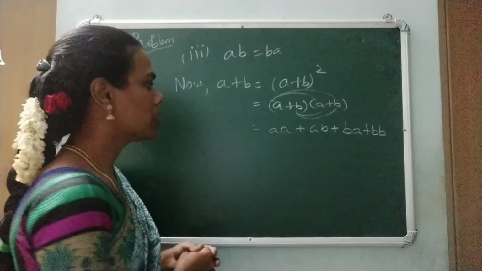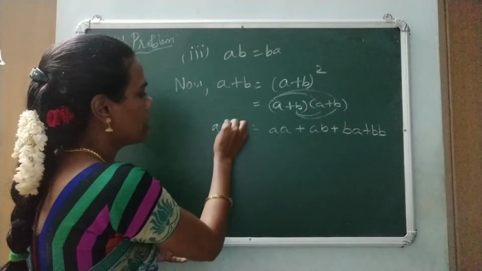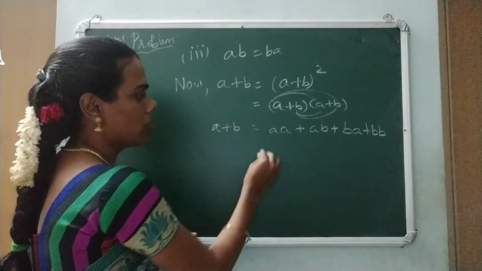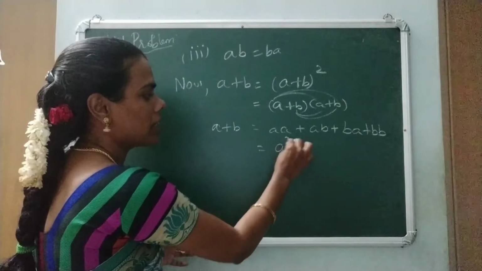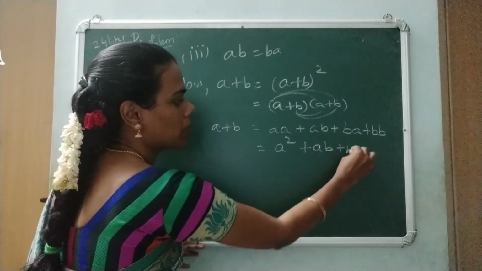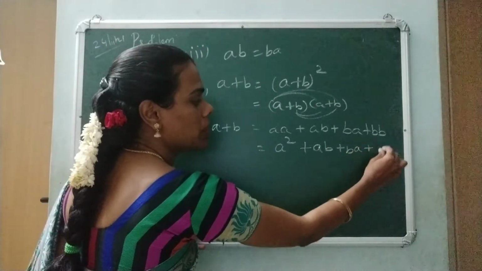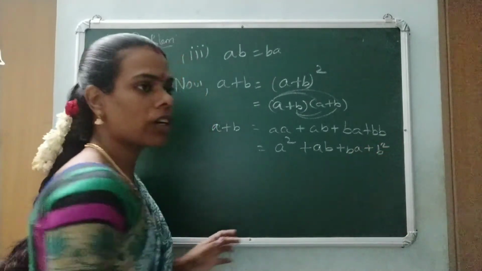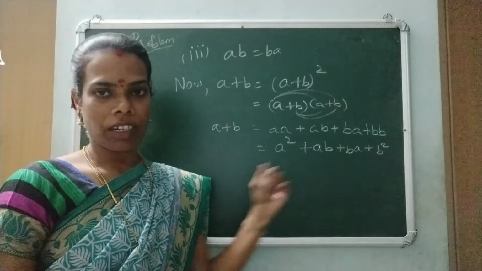Right? Left side also I am having A plus B. So this I can write as A square, AB plus BA, and B into B we can write as B square by the given condition, right?